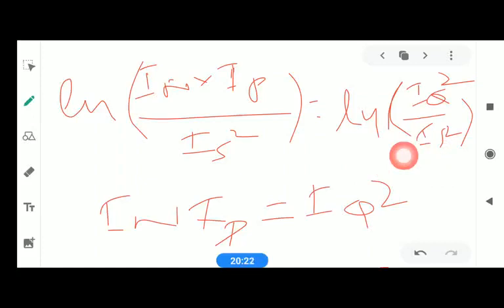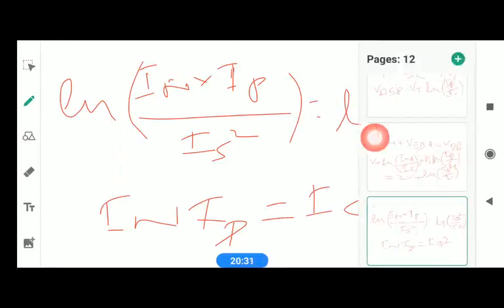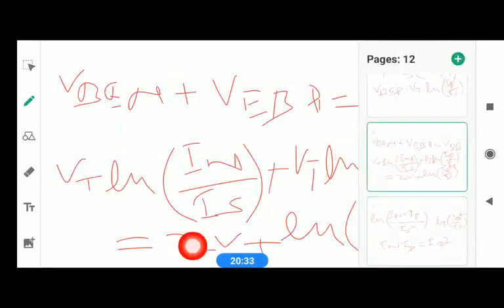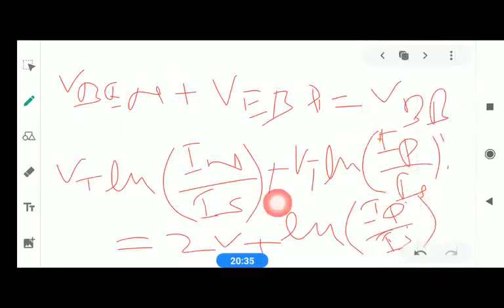Ln of a square. You know the logarithmic rules, right? So here, if you take this 2, it will go here as a square, and this will multiply here into Ip, multiply is square.